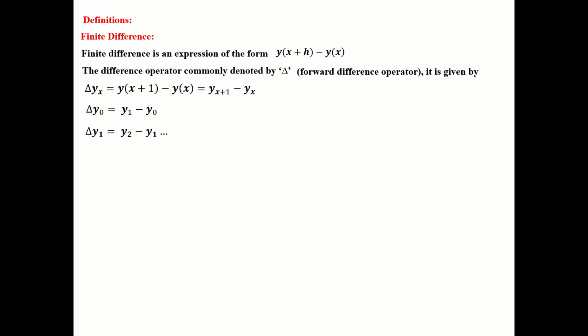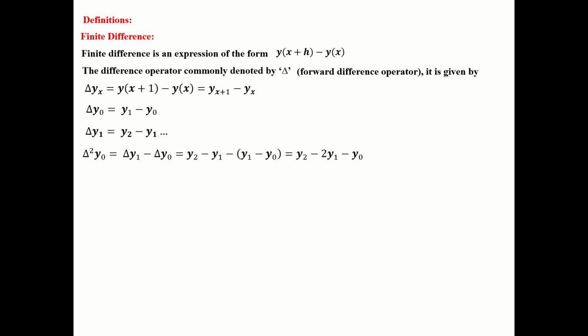Now, del square y0 is equal to, taking del again on both sides of del y0. That is the second equation. Del y0 is equal to y1 minus y0. Taking del on both sides, del into del y0, del square y0, is equal to del y1 minus del y0.